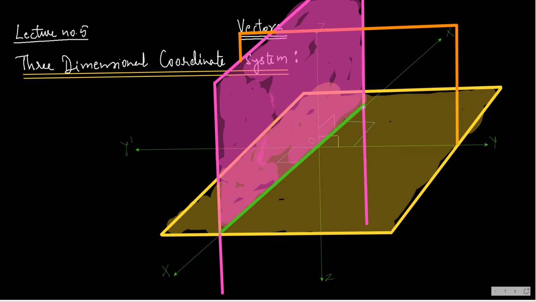It will be visible only after this. It will go down like this. This is the extension of the XZ plane.